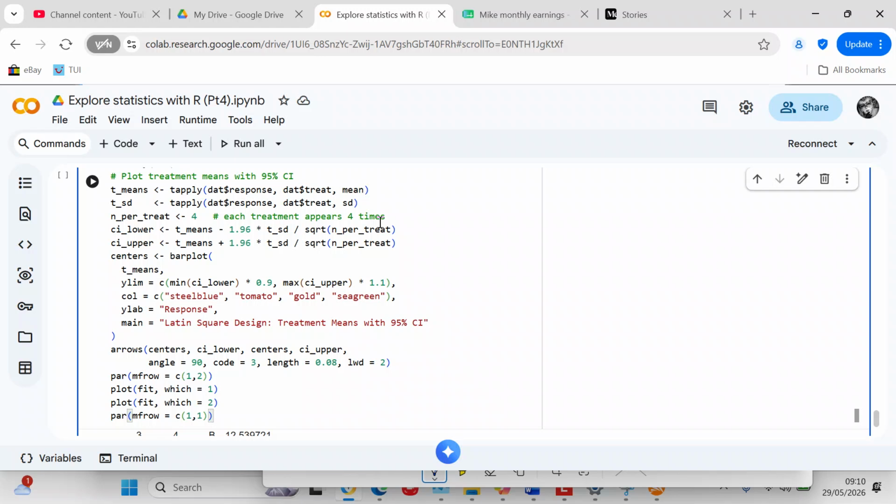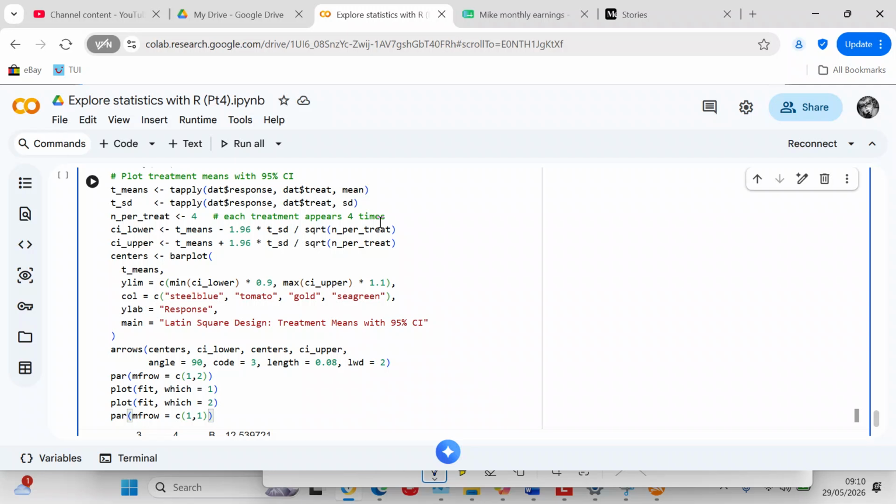Now we're going to define the variable centers, which is the barplot, brackets, t means, comma, ylim, that's your limit on your y-axis, equals c, min ci lower times 0.9, max ci upper times 1.1.